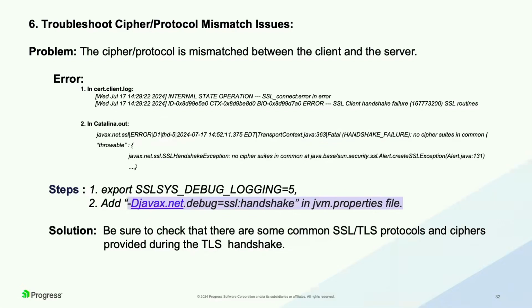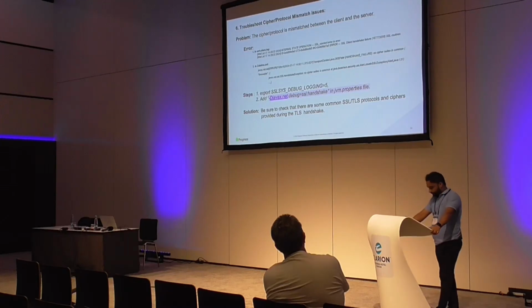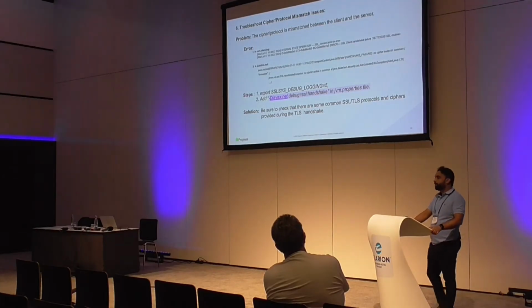The last use case is mismatched cipher suites or protocol issues. I talked about the compatibility issues when I was talking about why we should choose the cipher suite carefully. This is a use case from there itself. In this use case, the client and server do not have a common cipher suite or common protocol.